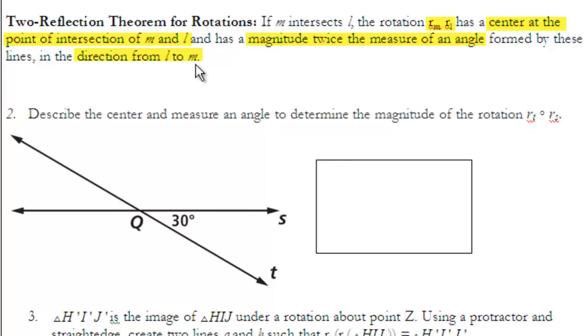So all three pieces of information we need to know about rotation are contained within that two reflections theorem for rotation. It tells us the center, which is the intersection point. It tells us the magnitude, which is always double the measure of the angle between the lines. And it tells us the direction, from the first line towards the second line.